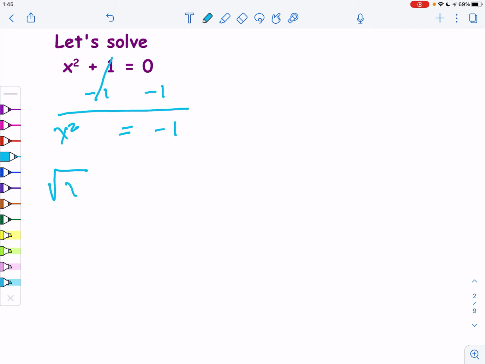So the square root of x squared equals the square root of negative 1. The square root of x squared, which expression do you multiply by itself to give you x squared, is x. As far as you know, there's nothing you can multiply by itself to give you negative 1. So we're going to leave this as plus or minus the square root of negative 1 right now.